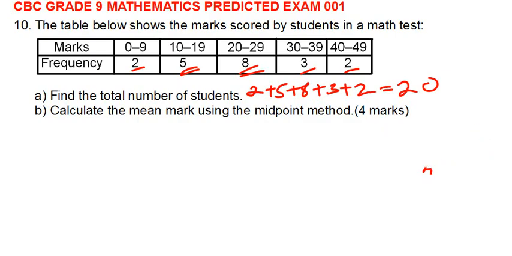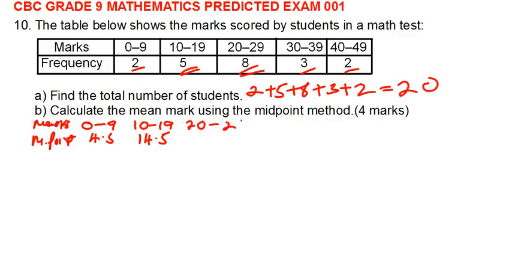With that example, we can say for 0 to 9, the midpoint is 4.5. For 10 to 19, the midpoint is 14.5. For 20 to 29, where there were 8, the midpoint is 24.5.